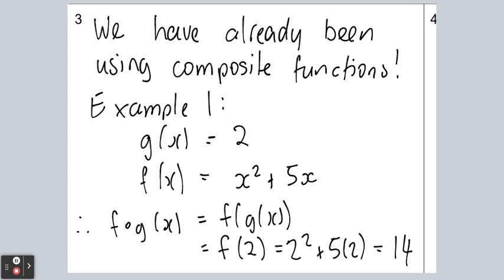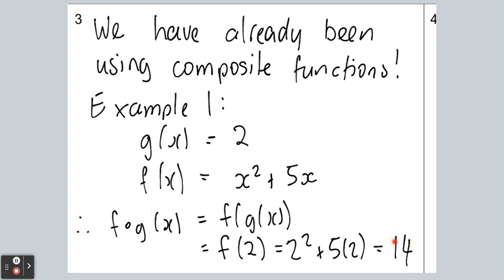So in other words, when you evaluate a function for a given value, that's kind of like a composite function, because you replace the x with a number and then you evaluate to a number. Technically speaking, what I've actually done is created a new function called f composed with g. F composed with g is a new function, which is basically whatever I input, I'm going to output 14. Okay, f composed with g of x is equal to 14.